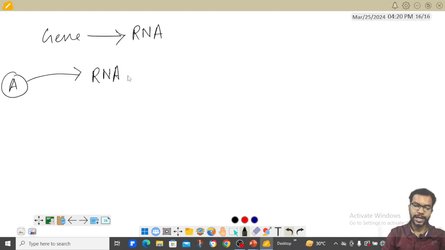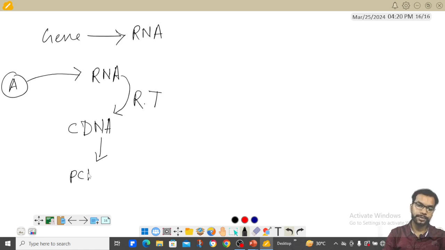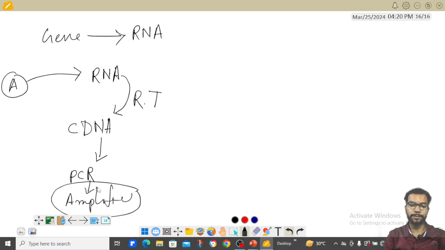Then we will convert this RNA to cDNA by using reverse transcriptase. This cDNA can be amplified by PCR, so the PCR product will be amplified.